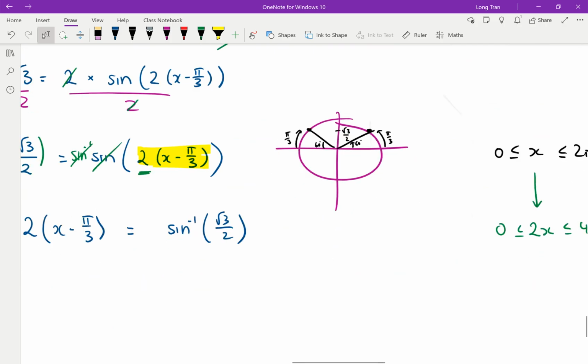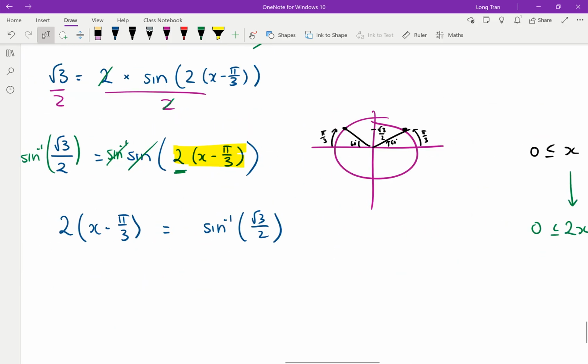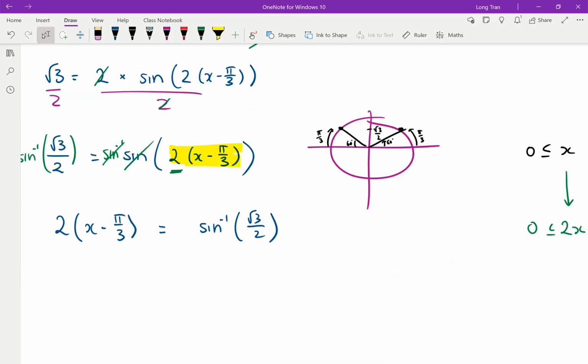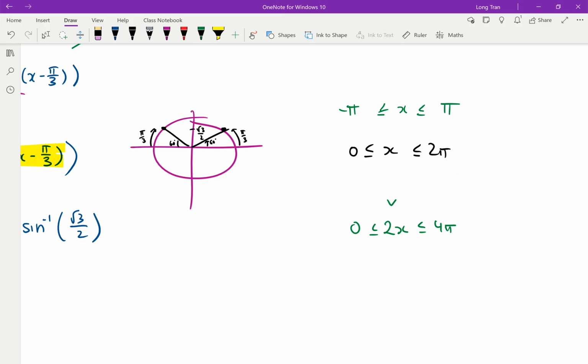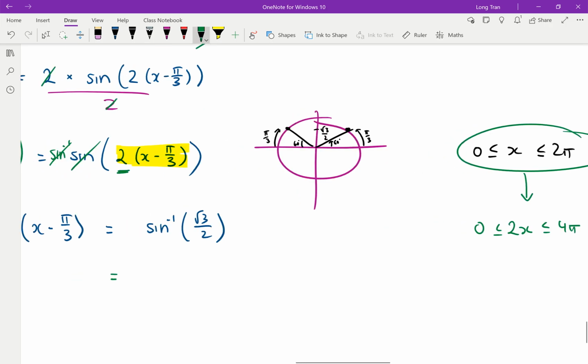I know I'm going to go around the circle twice, but what I like to do, okay, this is how I do it, I just work out the first 2 solutions, and it doesn't matter what the domain is. I literally don't care if it's negative pi to pi. It doesn't matter. I still work from 0 to 2 pi. Okay, so that's what I do first. I just ignore it. I find the first 2 solutions. So here we go.